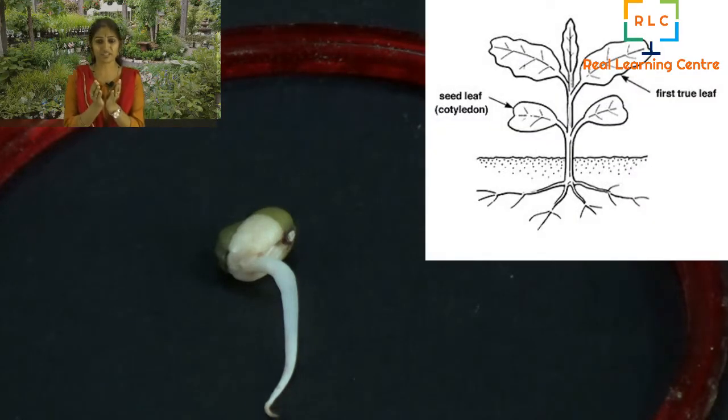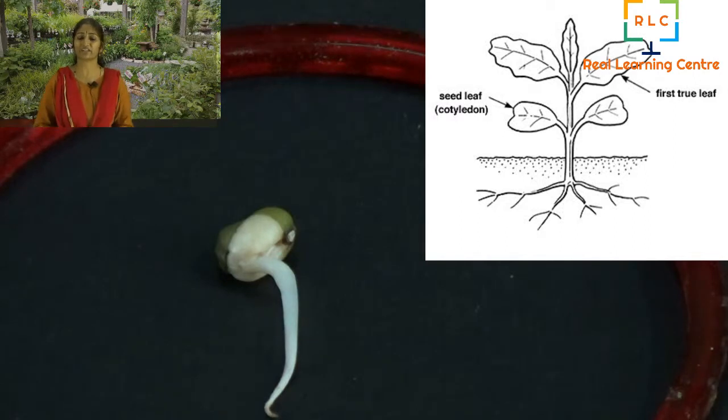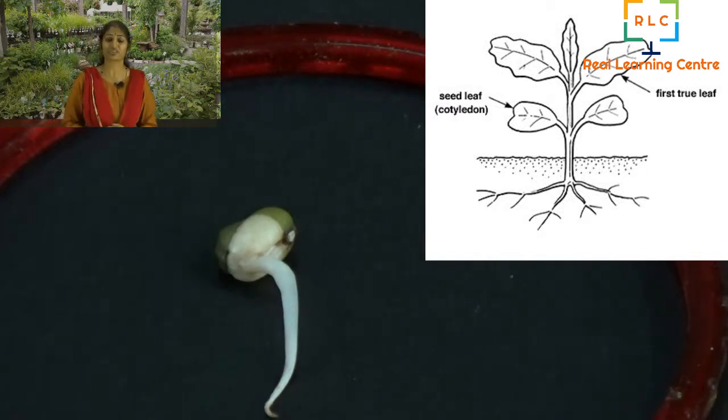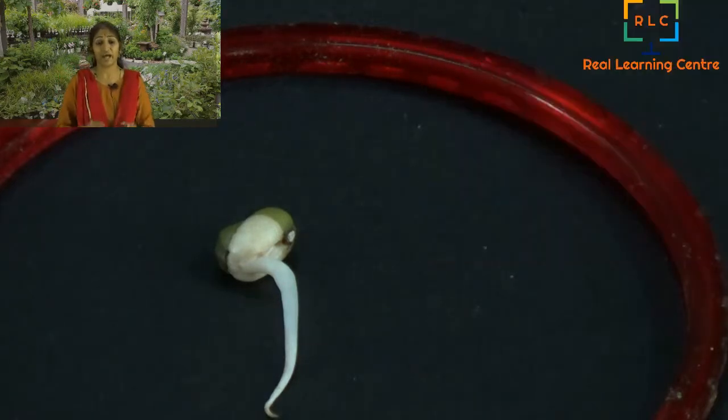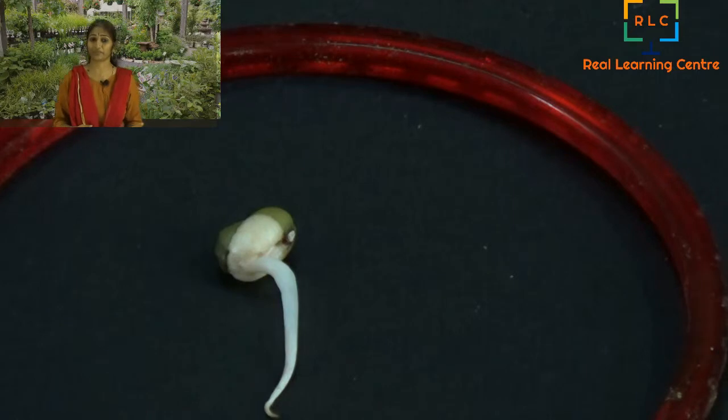You would have seen that there are two small leaves attached to this seed, and those leaves actually come from the cotyledons of the seed. So cotyledons basically are that region of the seed which give rise to two premature leaves, and these leaves are very important because they carry out photosynthesis for the growing plant.